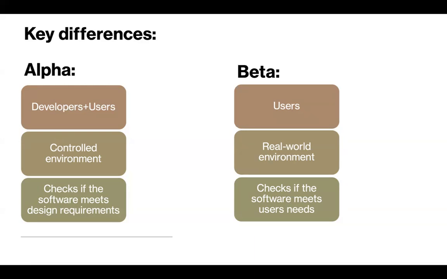Now, the beta testing, mainly it's just the people who love your company or love your product, or people that just want to be a part of a smaller community that gain access to your program earlier. Alpha is done in a controlled environment, while beta focuses on the real world environment. And alpha is going to check if the software meets any of the design requirements that we had, and beta checks for the needs of the user. So these are the key differences between the two.